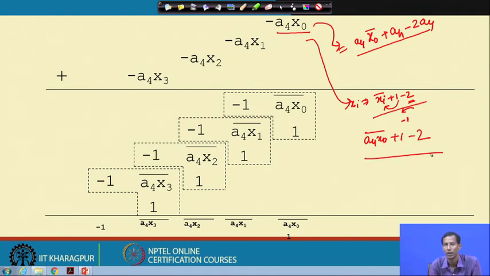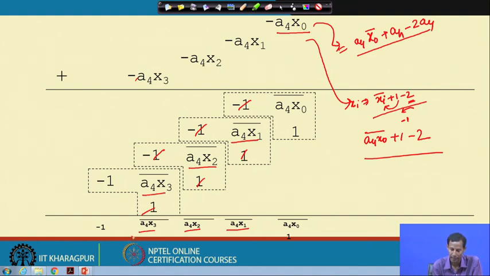If we do the same for all these values, at this position we get a4 x0 bar, 1 over here. The 1s will cancel over here, here and here, and minus 1 at this particular position. So what will be left at this position? This is a4 x1, this is a4 x2 bar, this is a4 x3 bar.